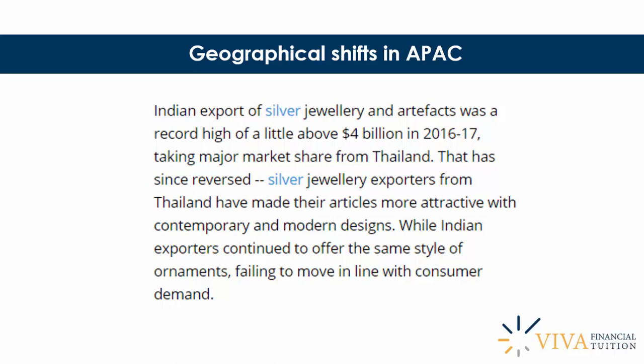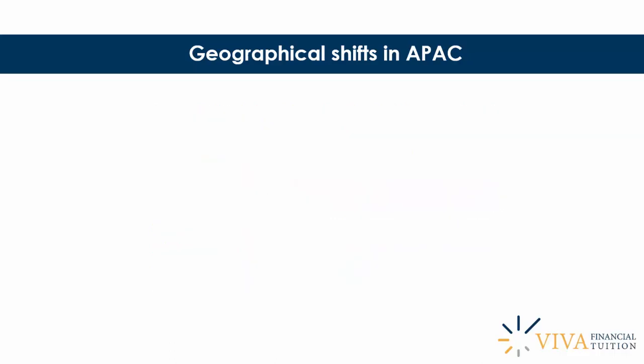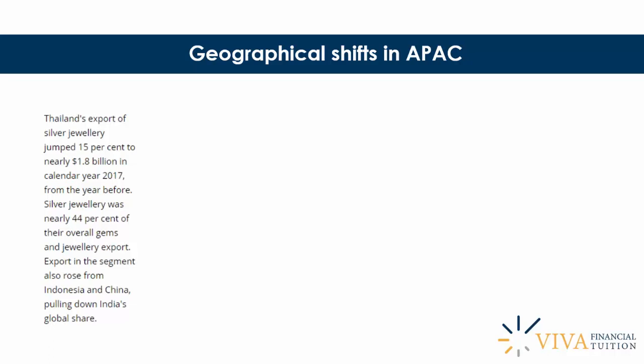We're going to see why Thailand is potentially an important case study from the perspective of the pre-seen company. Thailand's export of silver jewellery jumped 15% to nearly 1.8 billion in the calendar year of 2017 from the year before. Silver jewellery was nearly 44% of their overall gems and jewellery export, and that's very important again from the perspective of the pre-seen company. We're dealing primarily with silver-based jewellery.